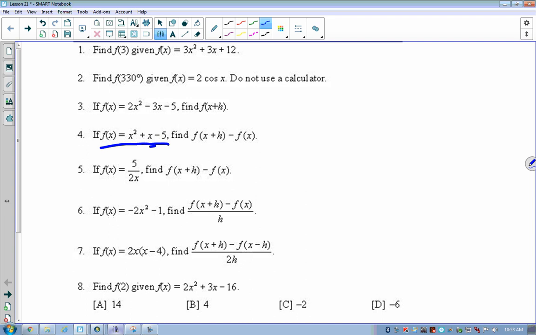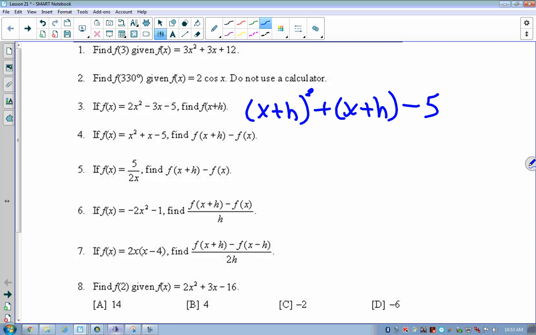Now, whenever I subtract an equation, I have to remember I need to distribute what? The negative, right? I need to distribute that subtraction. So, as I go through here at the beginning, we have (x plus h) squared plus x plus h minus 5.